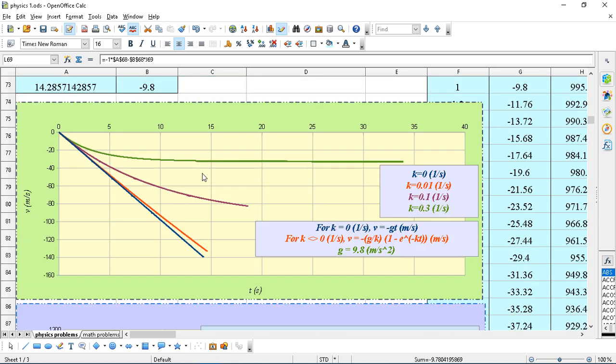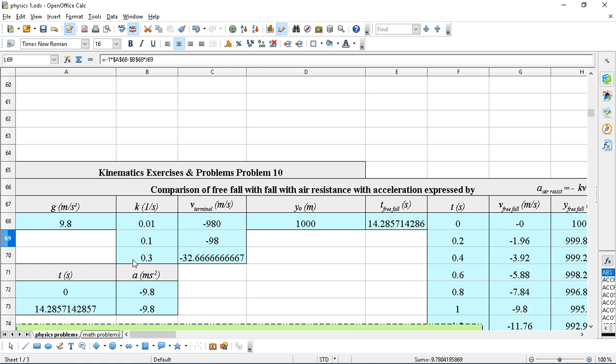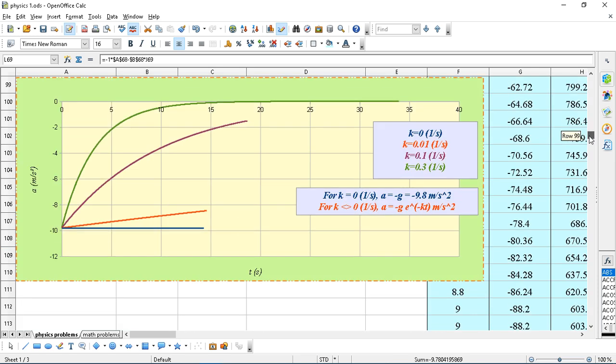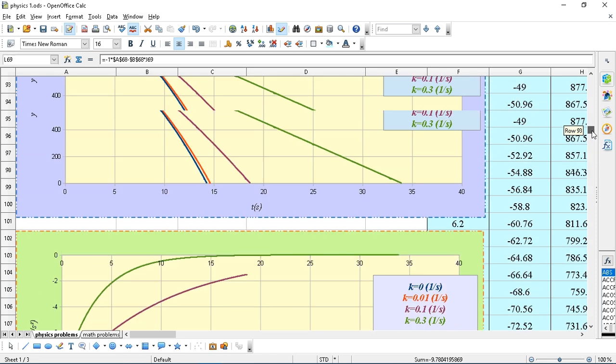And if we increase our value for k to 0.3, we can see from the acceleration curve that the acceleration for this line, which is for k equals 0.3, tends to 0 meters per second squared.